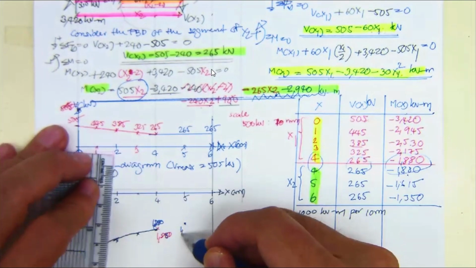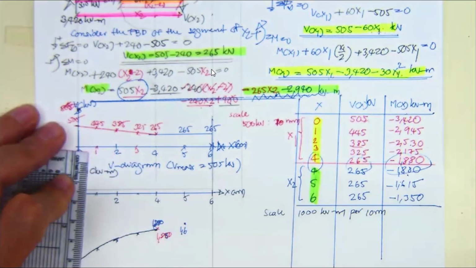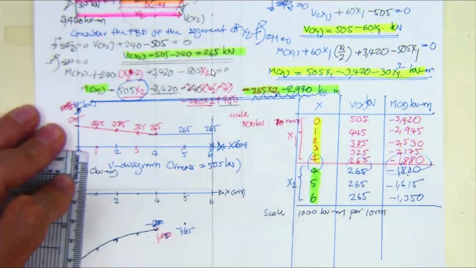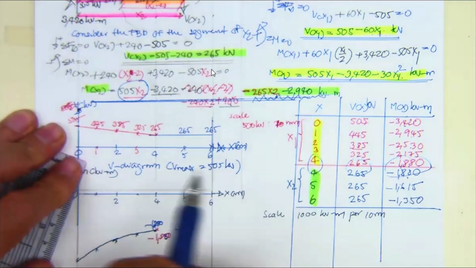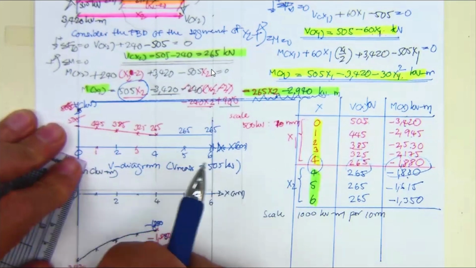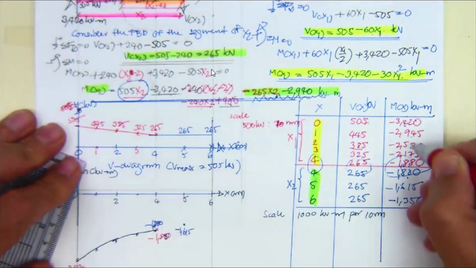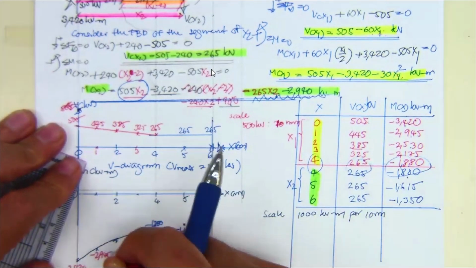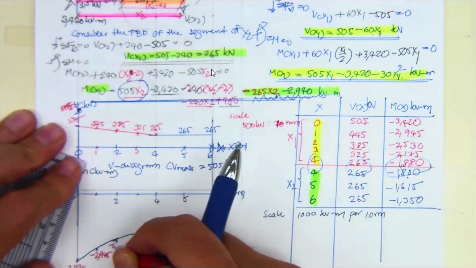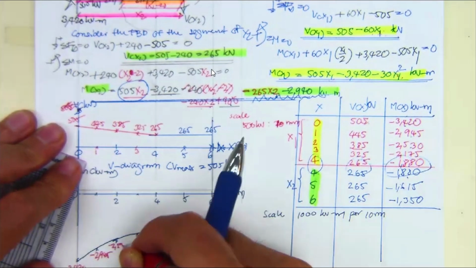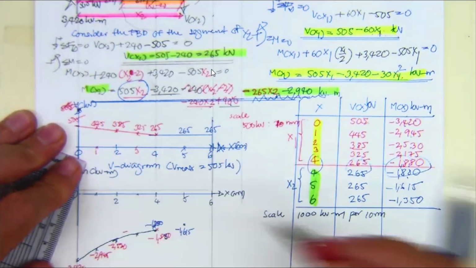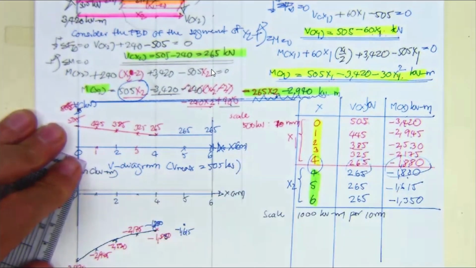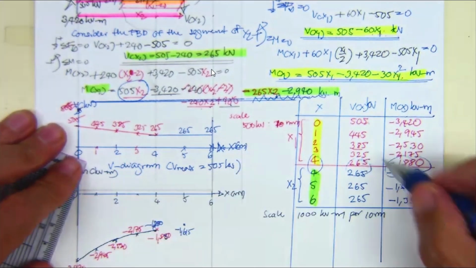This one 1615 minus, and then minus for 20. This one minus 2945, minus 2530, minus 2175. And then this is linear.